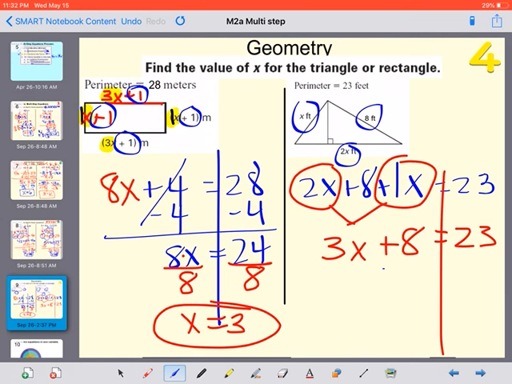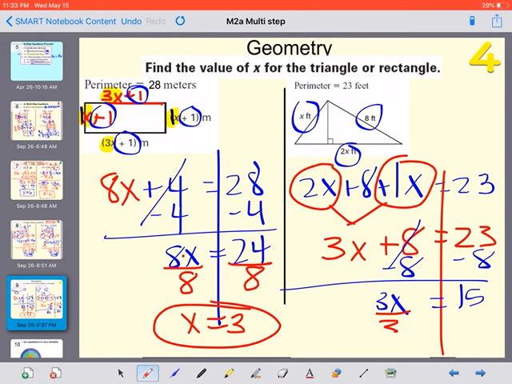Get rid of adding and subtracting. Sorry, I'm just joking here. 23 minus 8 should give us 15. And then our last step is to just divide by 3. 15 divided by 3 should give us 5.